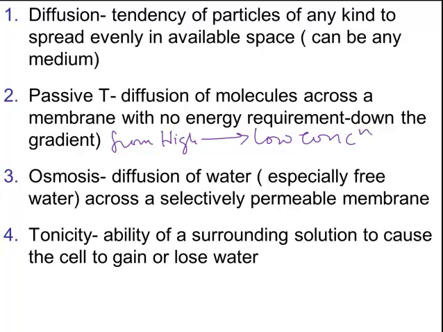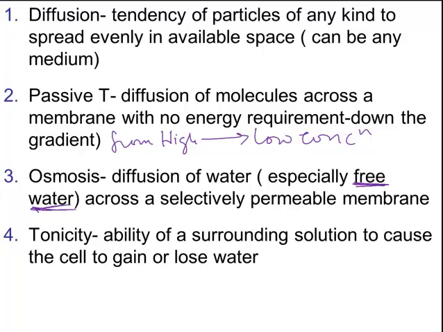Osmosis is diffusion of water, especially free water, across a selectively permeable membrane. Free water only. Water, if it is bound to a solute, is not considered free. Tonicity is the ability of a surrounding solution to cause a cell to gain or lose water. This is always relative.